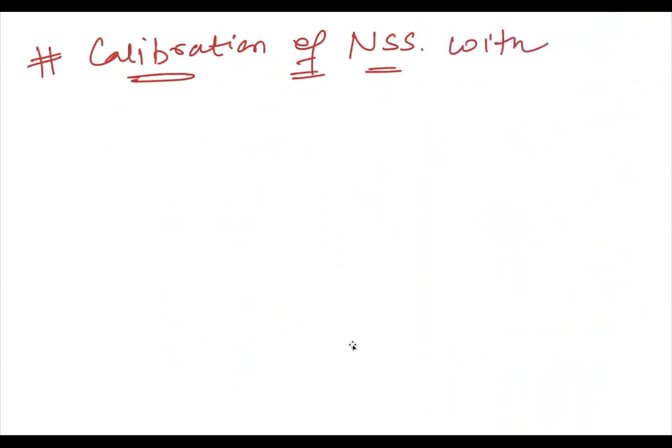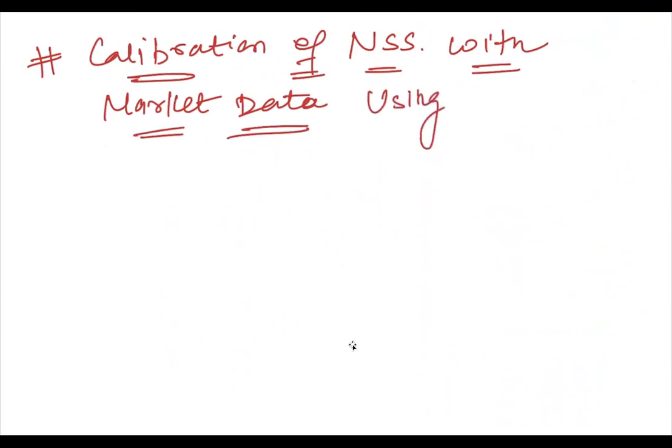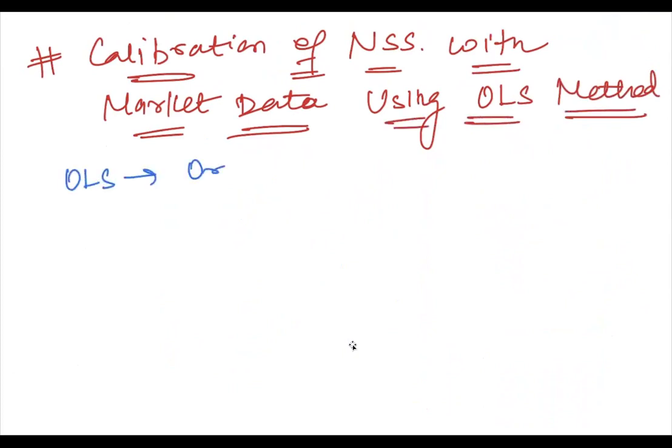Let's look at the calibration of the Nelson Siegel Svensson model, and then I'll show you the Excel implementation. So let's see how we can calibrate the Nelson Siegel Svensson model with market data using ordinary least squares, the OLS method. OLS is nothing but ordinary least squares.